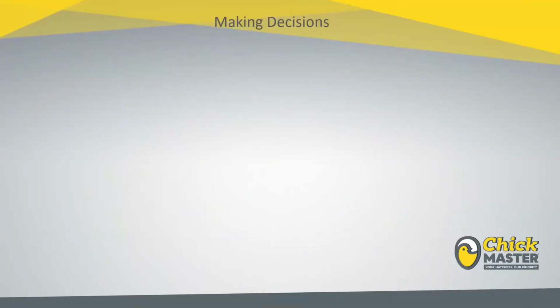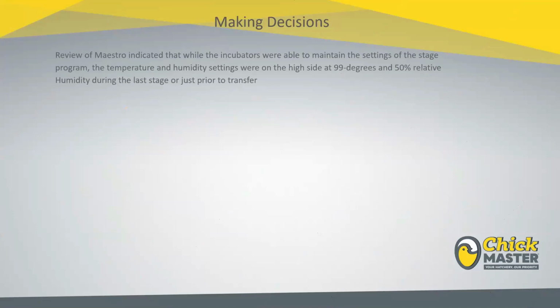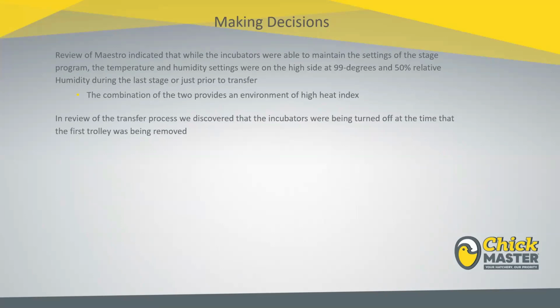So we reviewed those items and we also looked in Maestro, and it indicated that while the incubator was able to maintain settings of the stage program, it was running a very high temp and a very high humidity in the last stages just prior to transfer. And in this particular case, this was a single stage hatchery. So the combination of those two provides a pretty hot environment, which could be a cause of some of the problems.